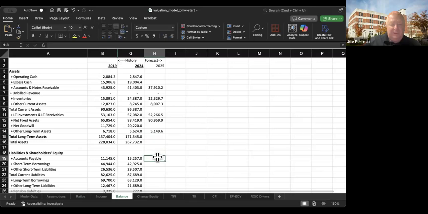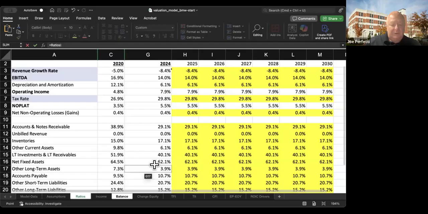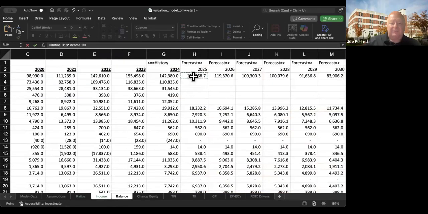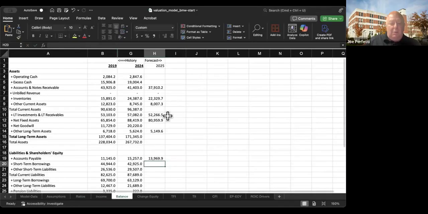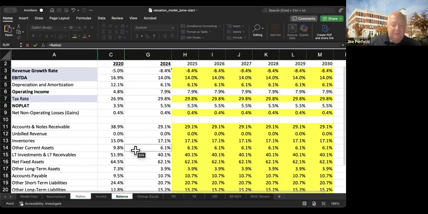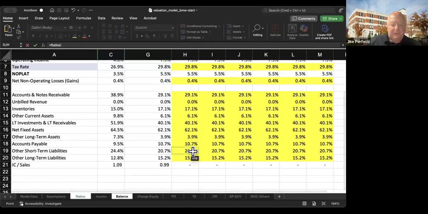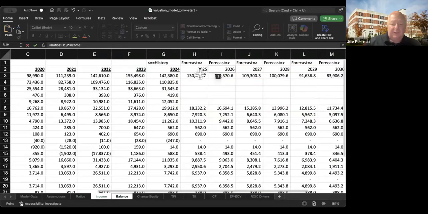Then we jump to the liabilities. Accounts payable equals ratios, accounts payable as a percentage of sales, which is H18 times income 2025 revenue forecast, H3. Almost done. Other short-term liabilities equals ratios, H19 times income H3.